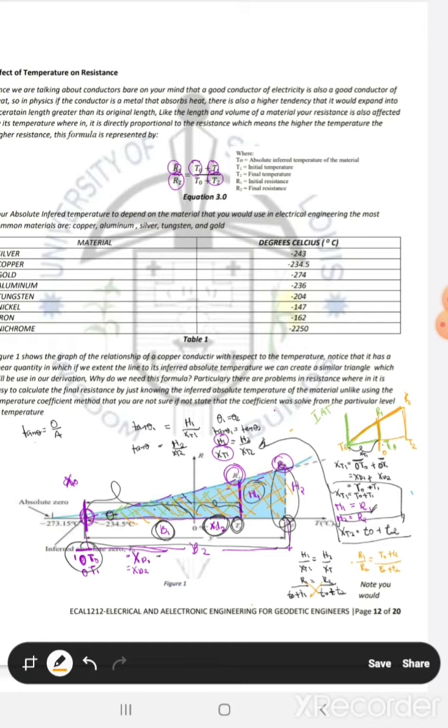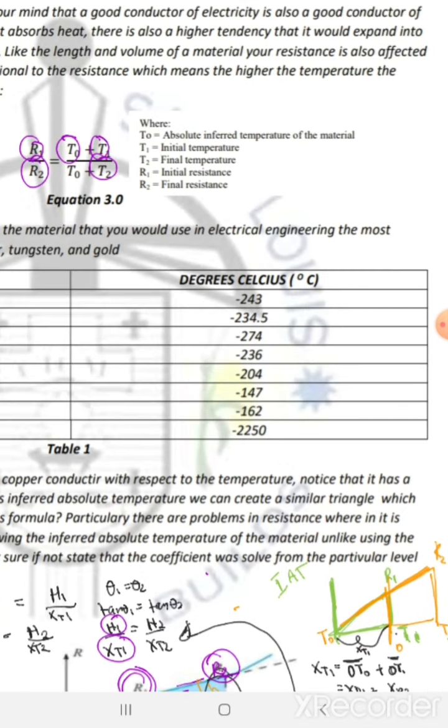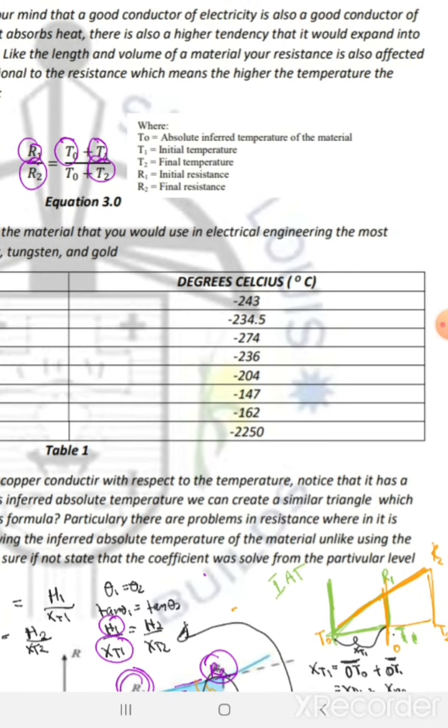So, relate natin yung pagbabago ng temperature ng conductor using our graphs, which is, naglagay tayo ng inferred absolute temperature wherein it would cross more lesser than your absolute zero temperature. Okay? So, if you have noticed, we have negative values of this inferred absolute temperature.